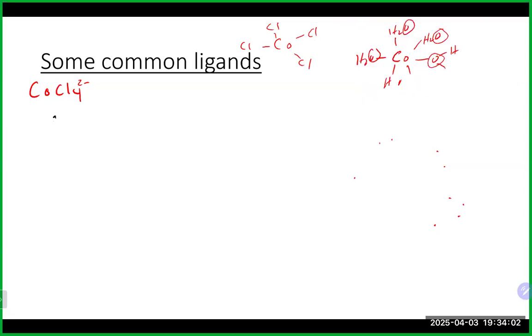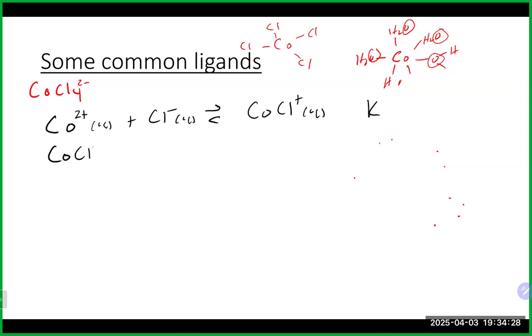So the first thing that would happen is the cobalt, which has a +2 charge, would add just one chloride and make CoCl+. There could be an equilibrium constant for that step. This would then pick up another chloride and make CoCl2.